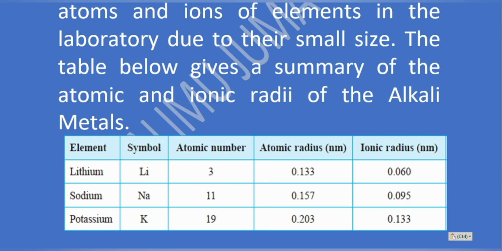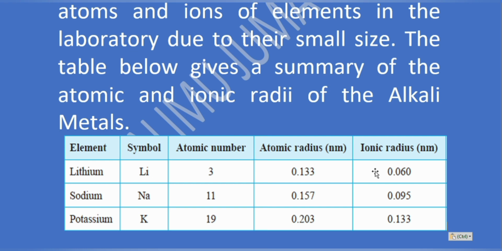But now here, we are talking about the atomic radius and the ionic radius. Remember, the radius is the length from the center to the end of that atom or that ion. Now we have lithium. When you look at the atomic radius of lithium and the ionic radius, you'll find that there is a decrease because it is losing one electron.